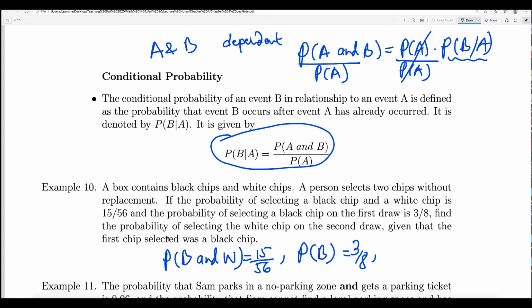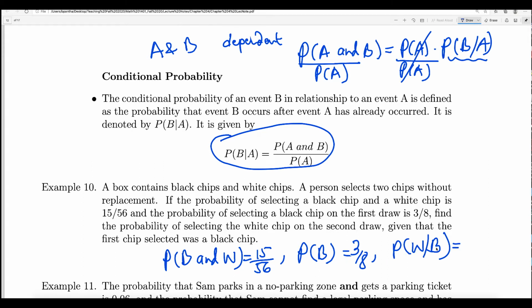What is asked is to find the probability of selecting a white chip on the second, given that the first was a black chip. That is, the probability of W given that B already occurred. So how do I use the formula?